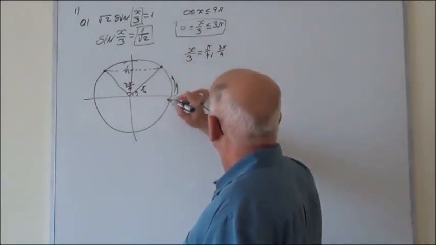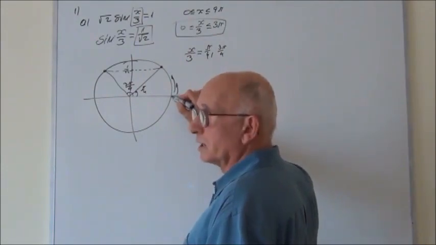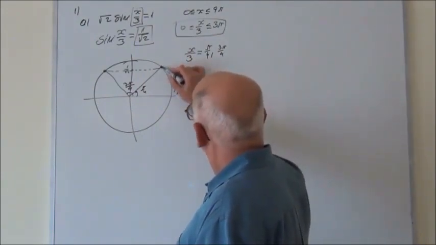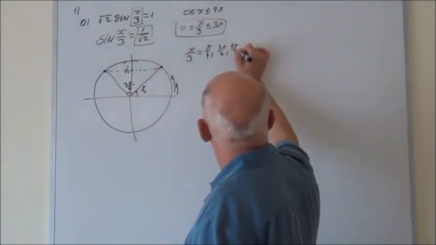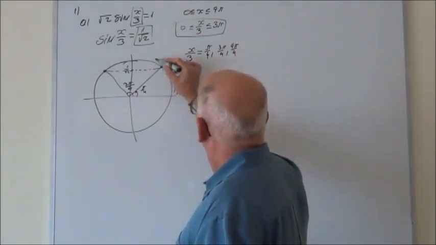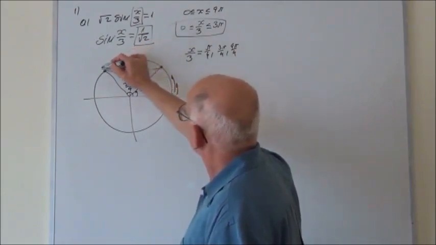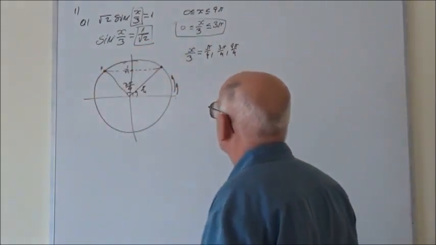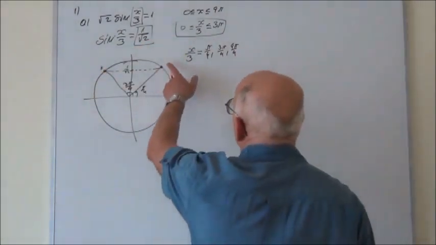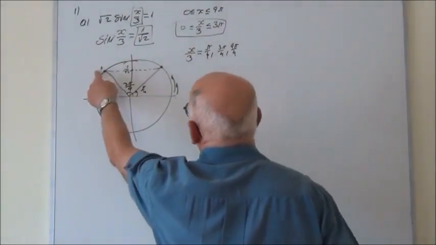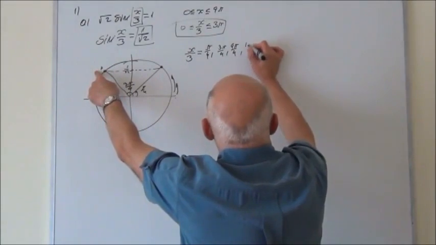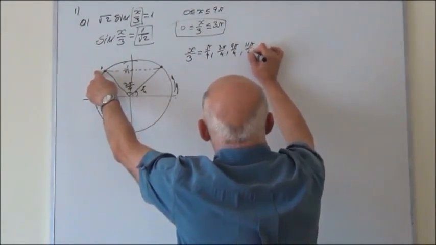If angle pi on 4, by symmetry, this is 8 pi on 4, and another pi on 4 is 9 pi on 4. And we will continue. This is another solution. If this was 9 pi on 4, 10 pi on 4, 11 pi on 4.